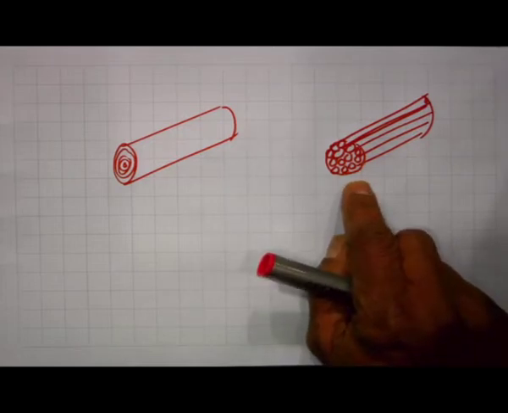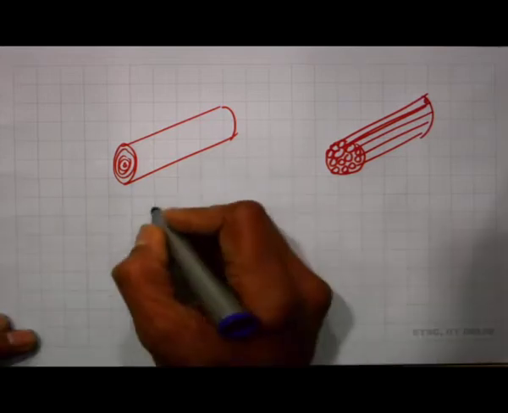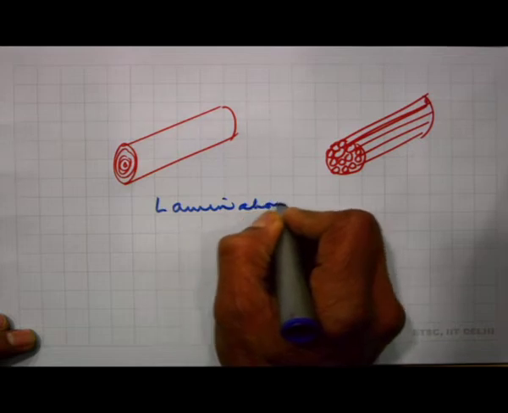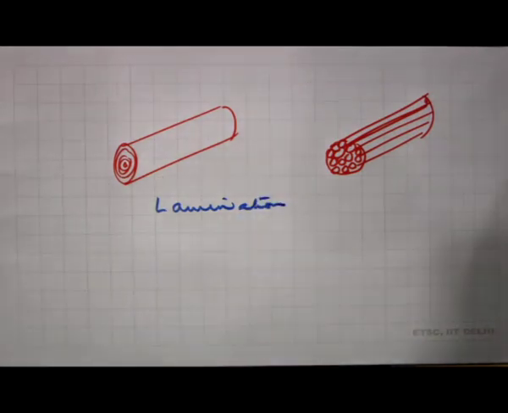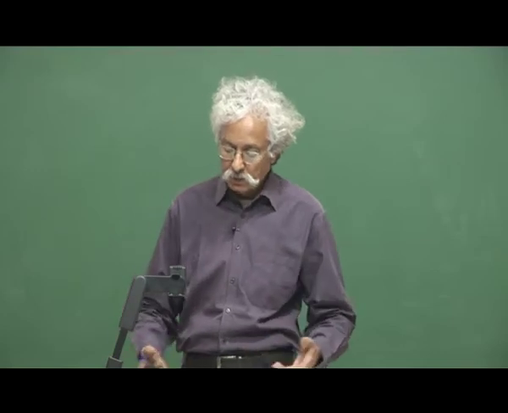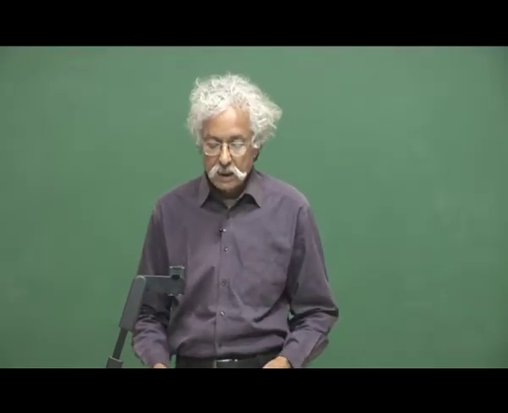This is called lamination, and I can do lamination to reduce the effects of eddy currents by breaking up the entire solid into smaller pieces, and in that situation this can help me to reduce any eddy current losses in the device.